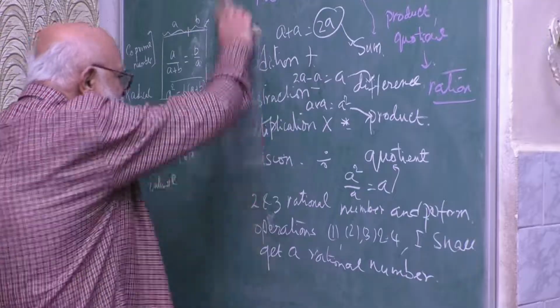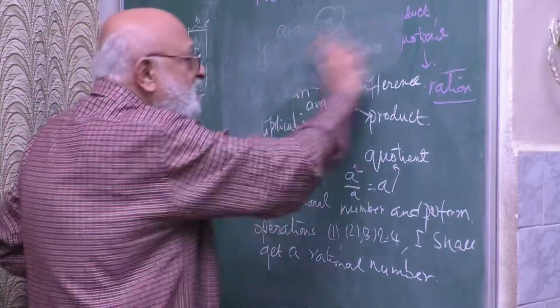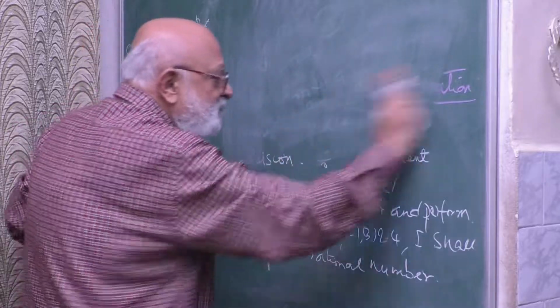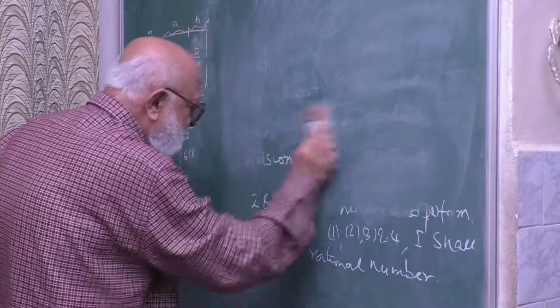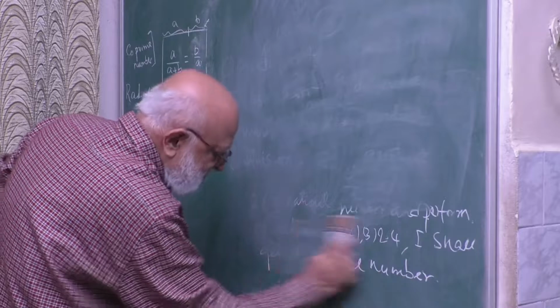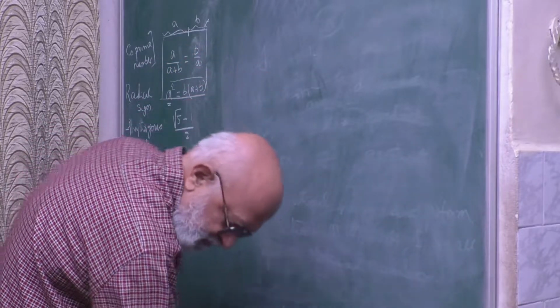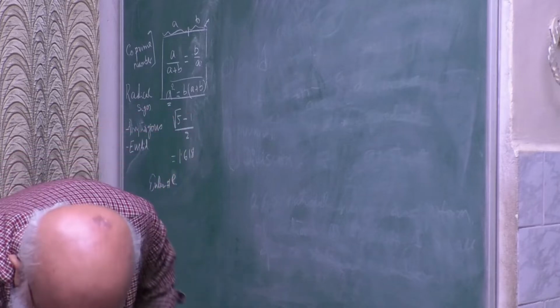Now let us see what happens when one of these numbers, instead of being rational, becomes an irrational number. Let's do some examples which are given in the book itself. So I'll pick up that book and we will do these operations.